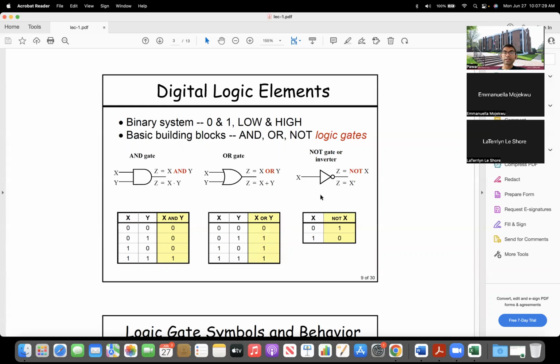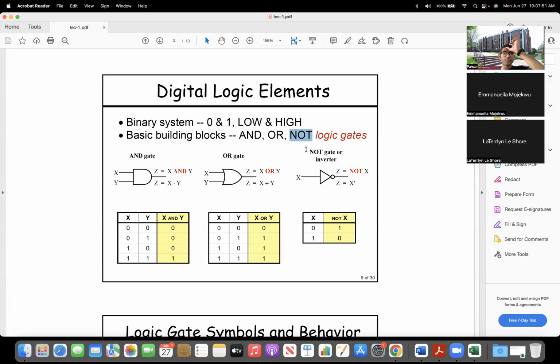So the logic gates, they also have names like and, or, not, nor, right?